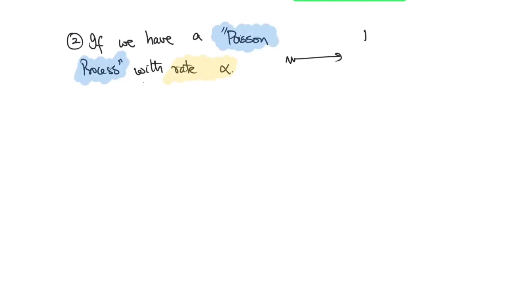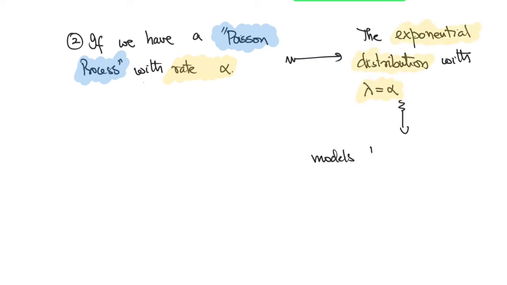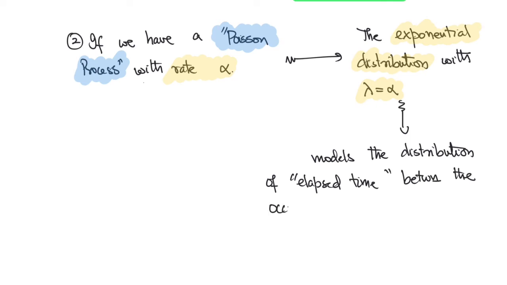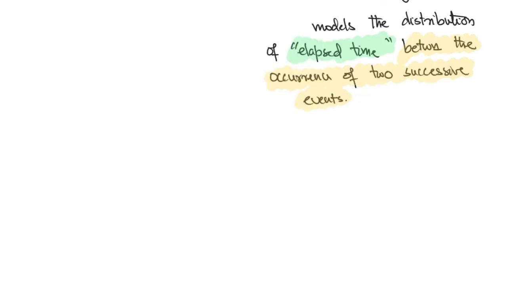In this case, the exponential distribution with lambda equals alpha will be the distribution that models the elapsed time between the occurrence of two successive events in the Poisson process, which can be things like looking for the arrivals at a bank or the number of hits that a website gets.